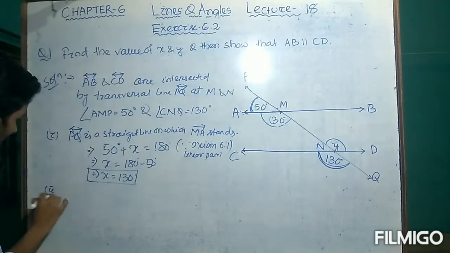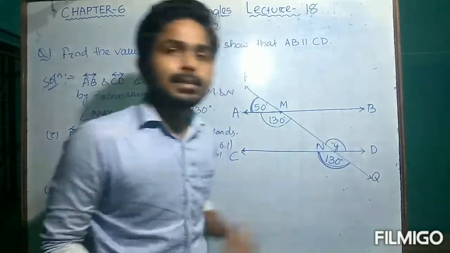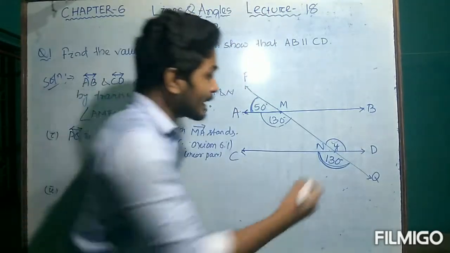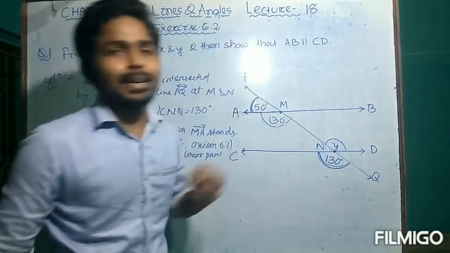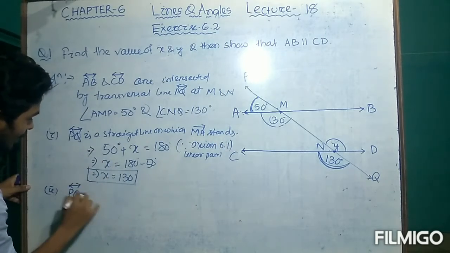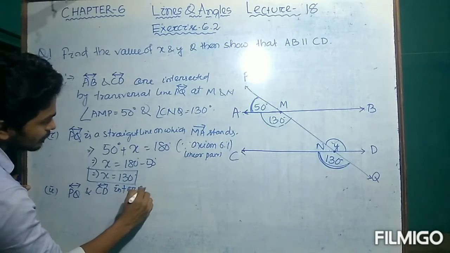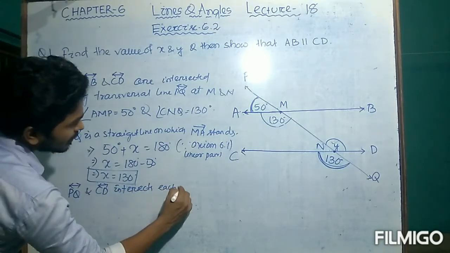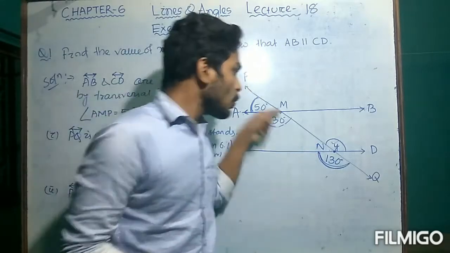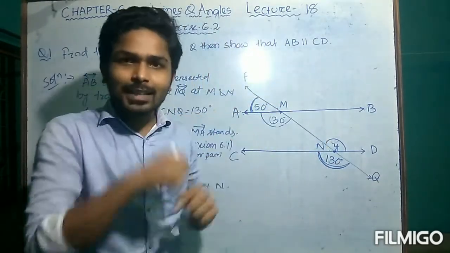For the value of y, you have to consider the straight line PQ and the straight line CD. As you can see, PQ and CD are two straight lines. They intersect each other at a point N. And you know, whenever two straight lines intersect each other at a single point, then a total of 4 angles are formed.